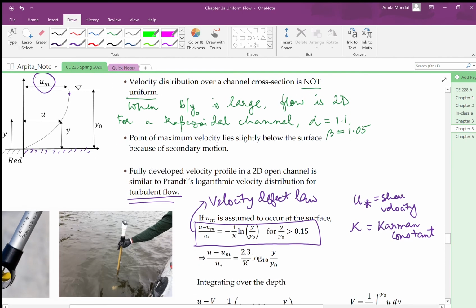And if we convert this natural logarithm to the base 10, then the final expression for the velocity defect law is given by this expression.